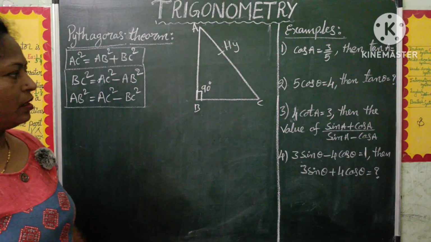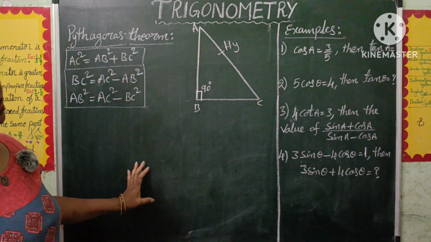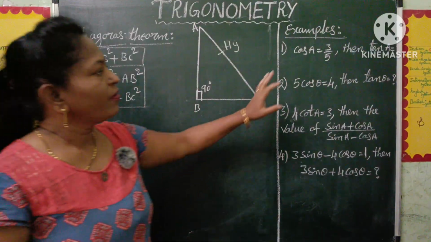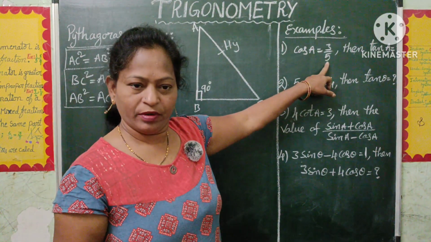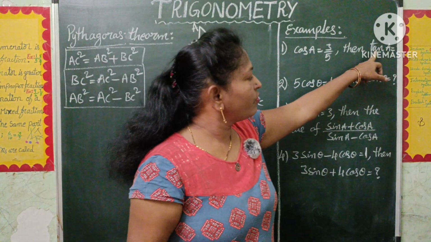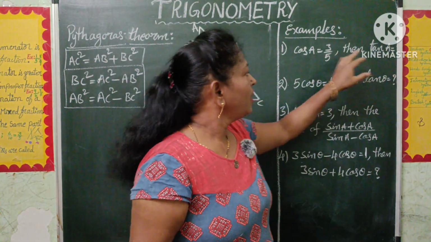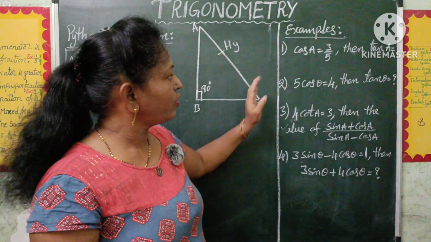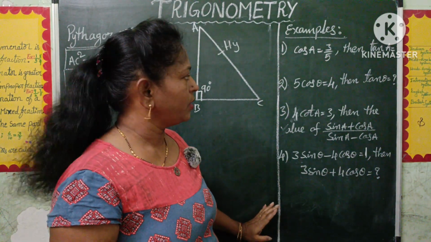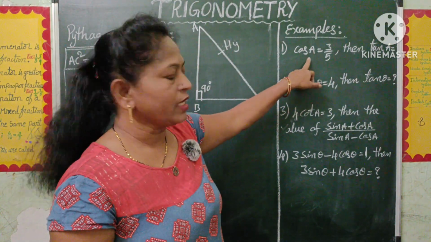Right. Now let us see some more examples. First question: cos A equal to 3 by 5. Then we have to find tan A. Here we already discussed the ratios of the six trigonometrics.